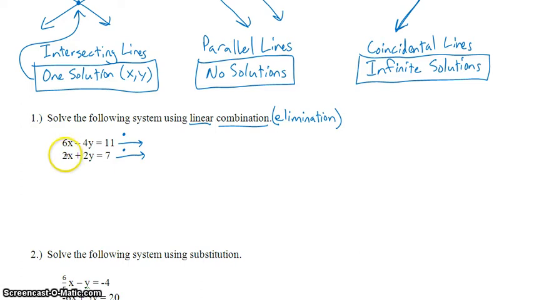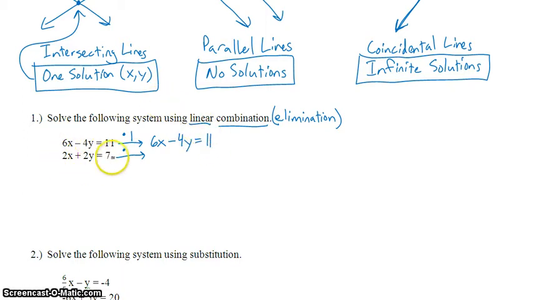So I look at 6 and 2. The least common multiple between 6 and 2 is 6. Well, I want to make this 6 just a normal 6, so I'm going to multiply by 1. And I need to multiply everything in my equation by 1.